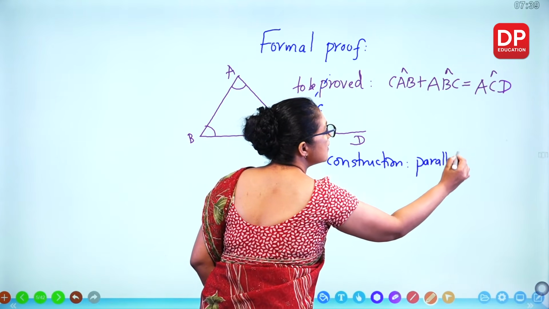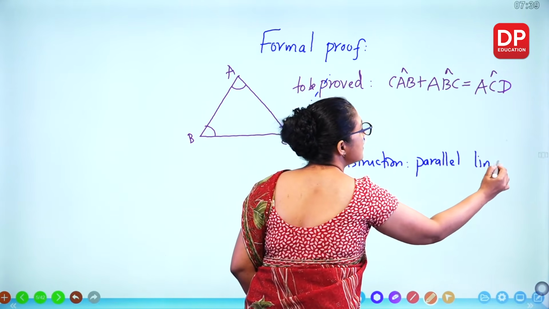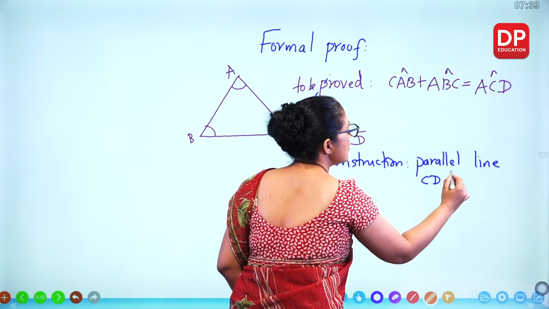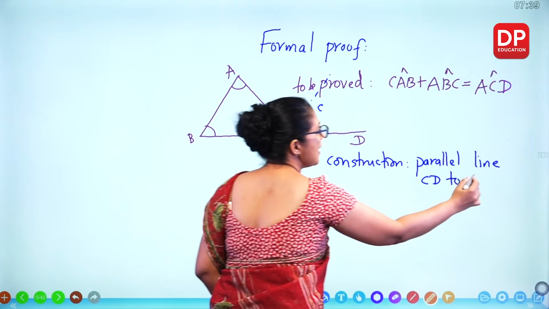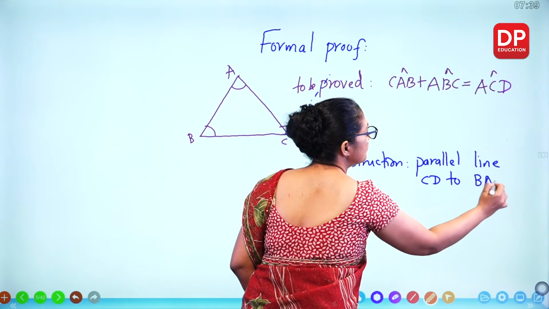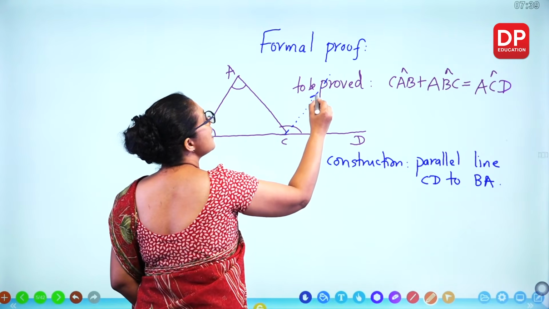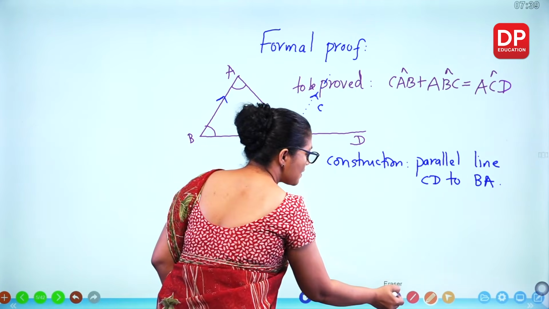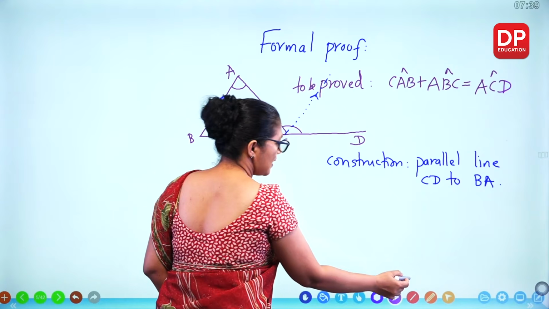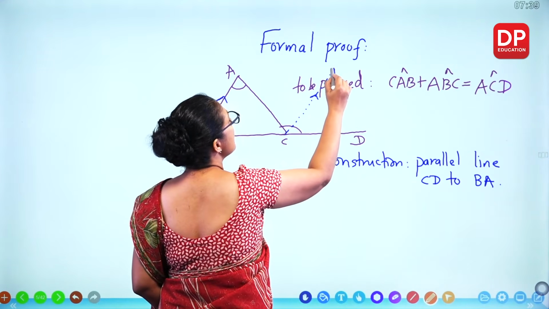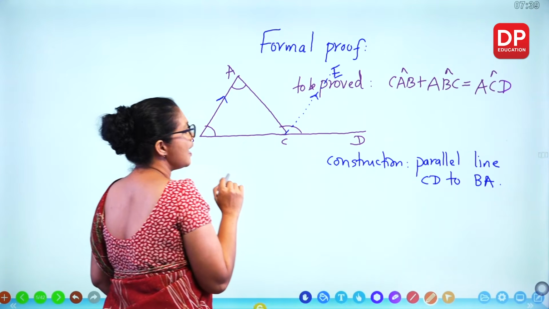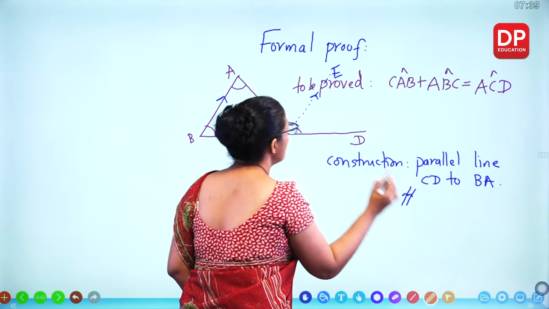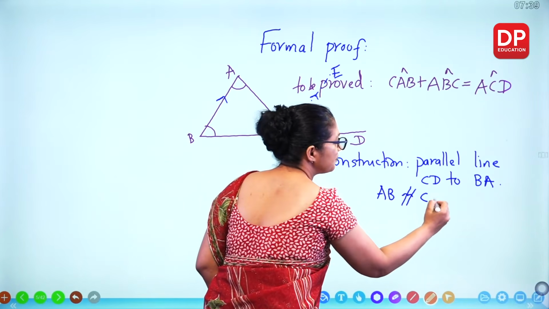Parallel line CD to AB line. So this line is parallel to this one. I'll label this as CE line. So I can say AB line is parallel to CE line.